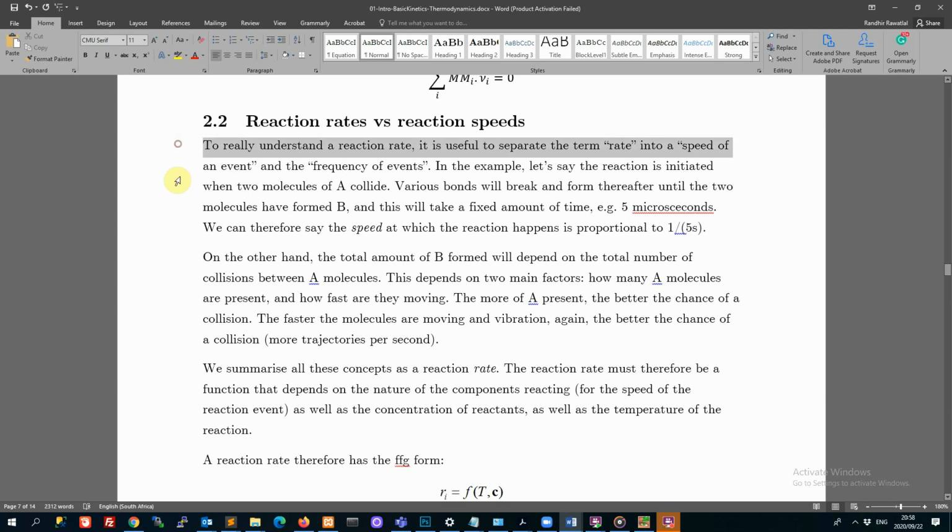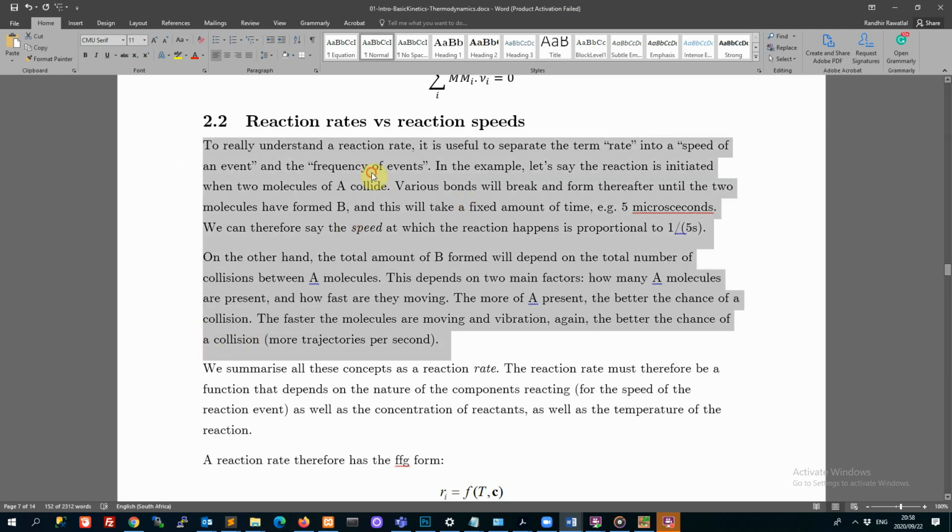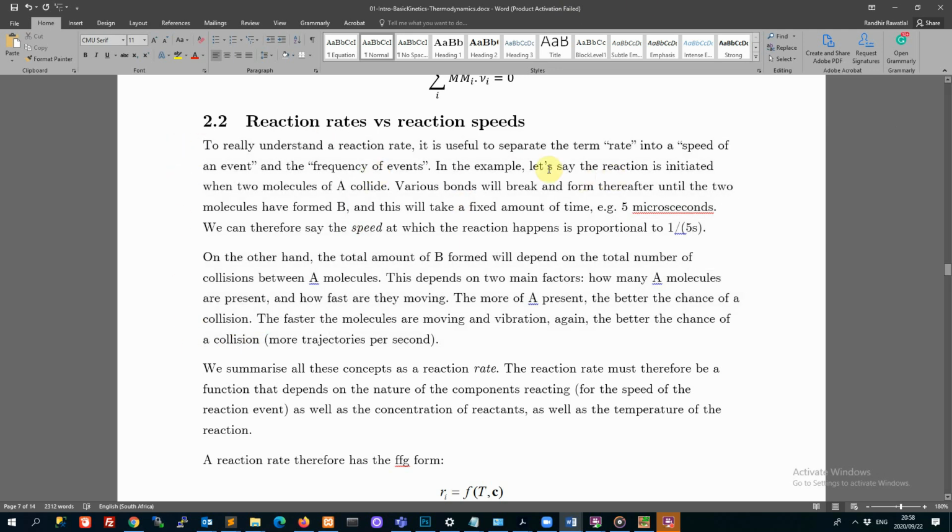That's what I'm trying to explain here: when we talk about speed, we might be thinking about molecular rearrangements and so on, but a rate is not a speed. It's about the frequency, or the period of the event, but it's also about how many of those events are occurring.